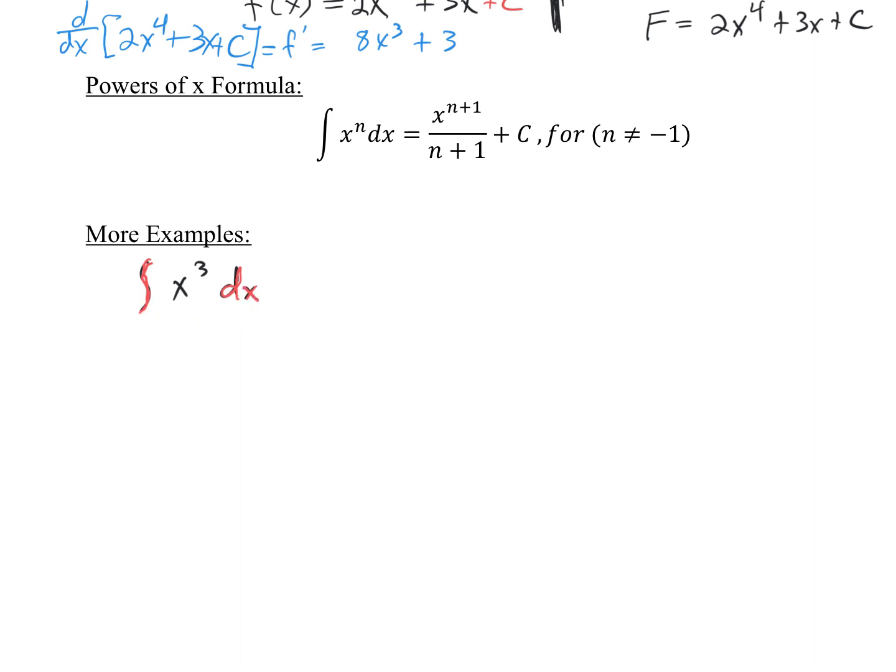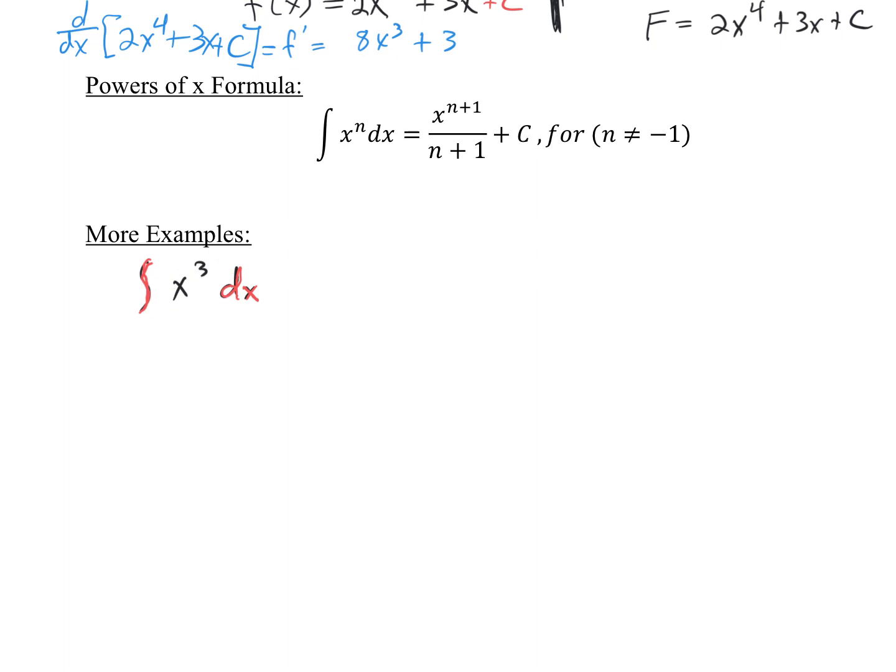These two symbols are basically just a notation that says find the antiderivative of x cubed. You have to have this or we don't know what we are doing. If you don't have the integral symbol and you don't have this, then it doesn't mean anything. It's just like, hey, I have a function. But when you have the integral symbol and the differential here, then it's telling us, yes, you have to find the antiderivative of this thing.